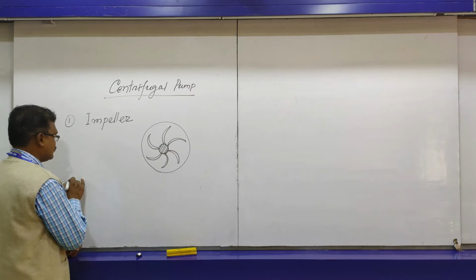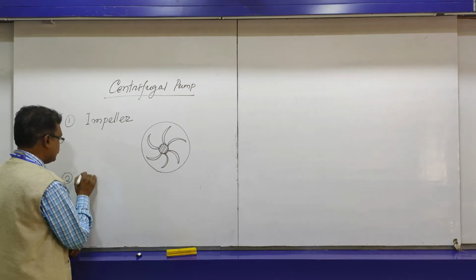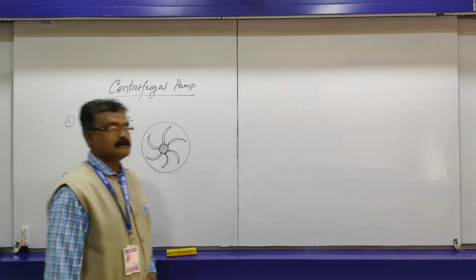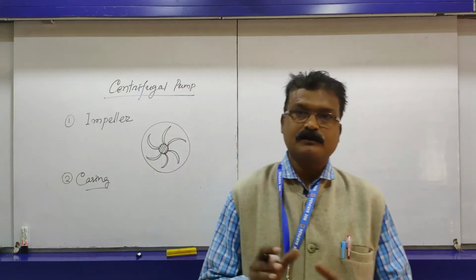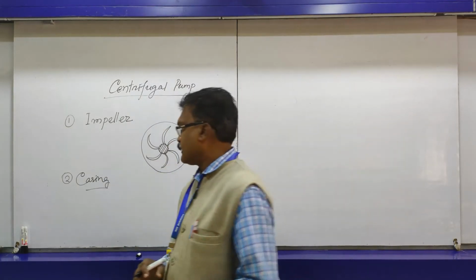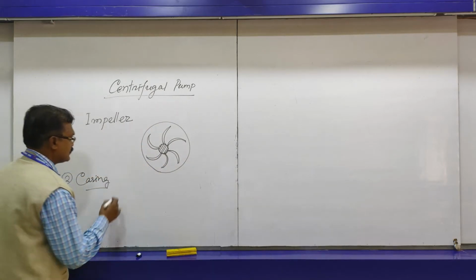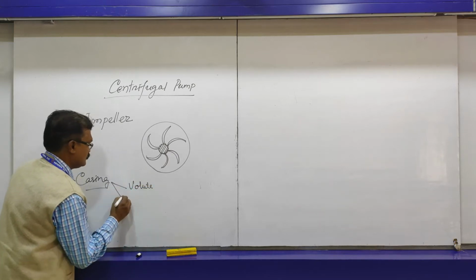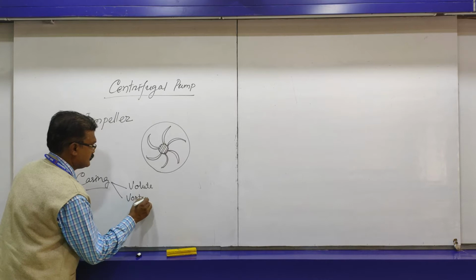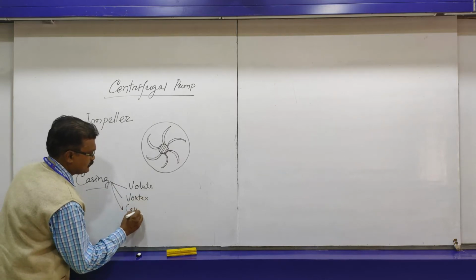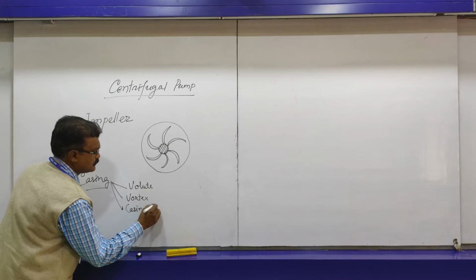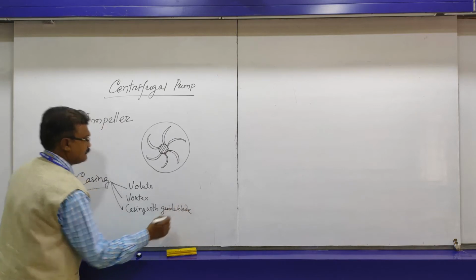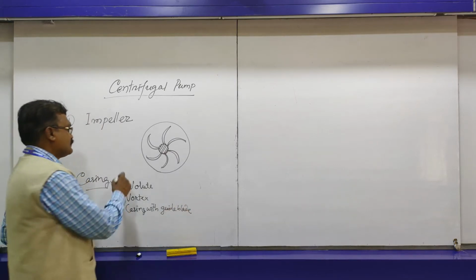Now, the second thing is the casing. Casings are of three types: volute casing, vortex casing, and casing with guide vane. The first is the volute casing.